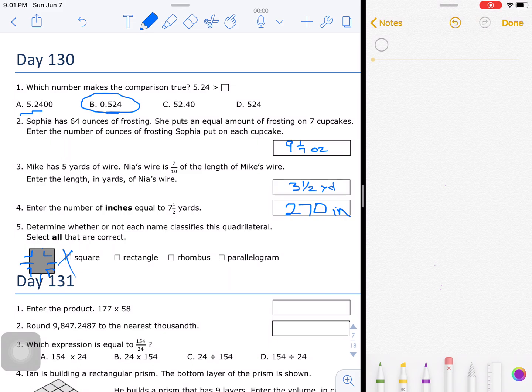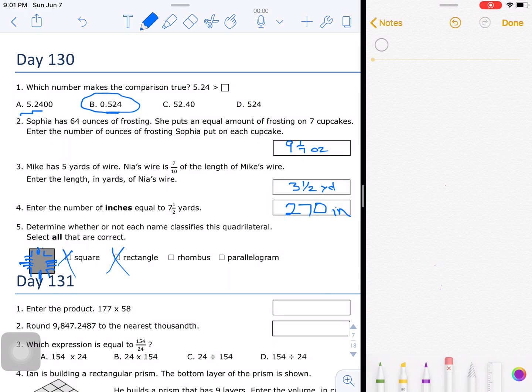What about a rectangle? Well, a rectangle has opposite sides that are parallel, right? And we have 2 sets of parallel sides there, and 4 90-degree angles. And it is a quadrilateral, so yeah, it's a rectangle. And a rhombus has all sides the same length.